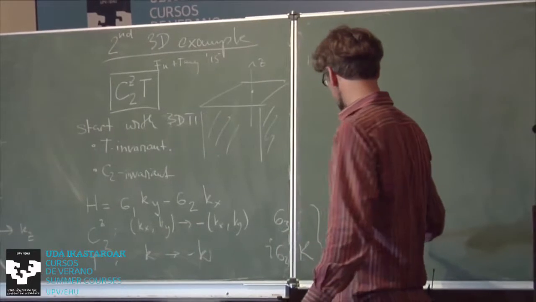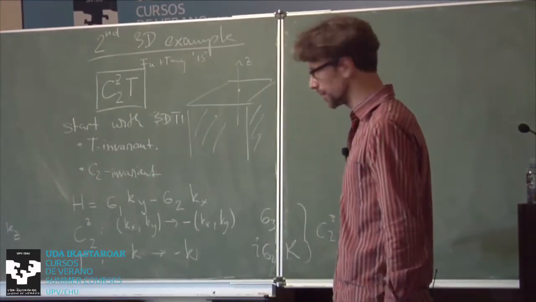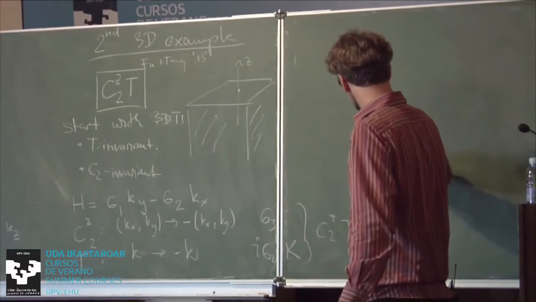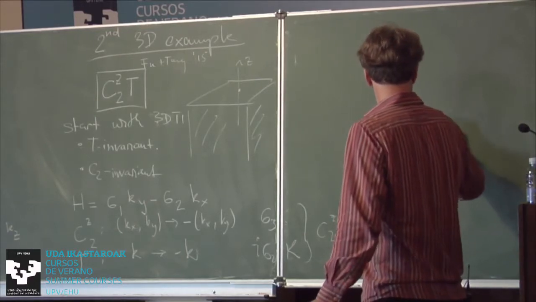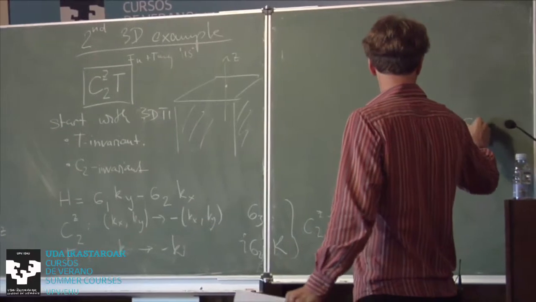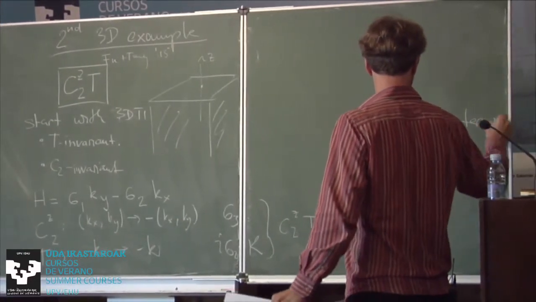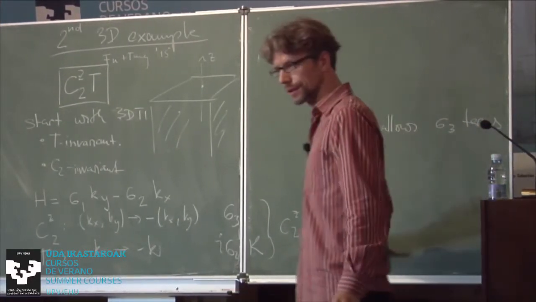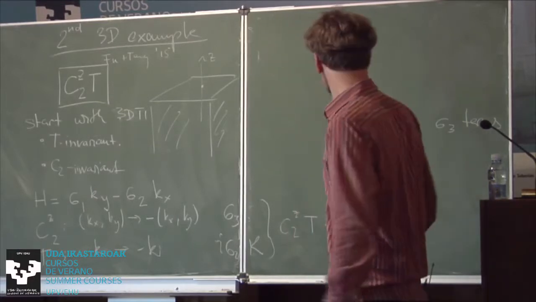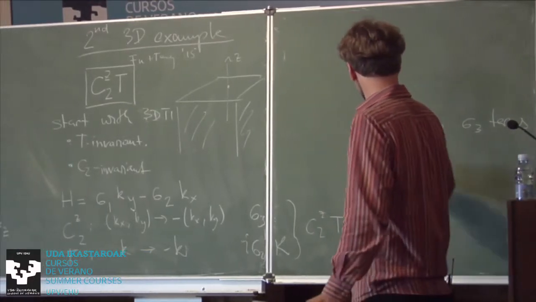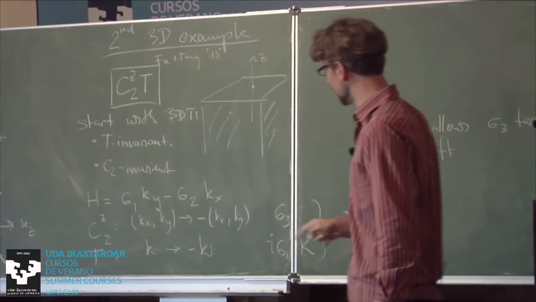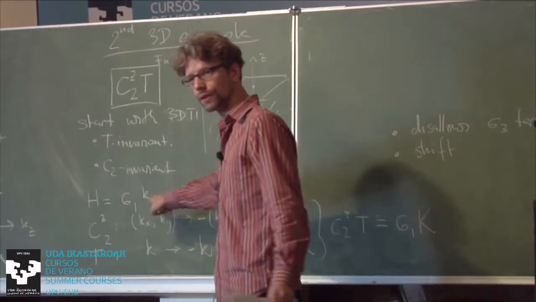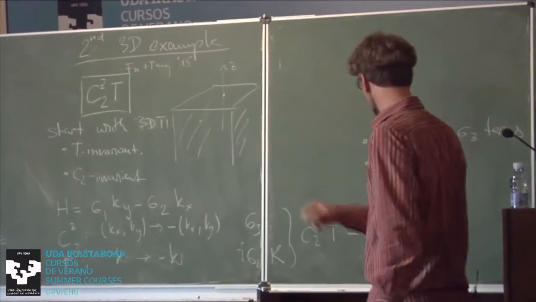And so, if I only care about this symmetry, it does two things. It disallows sigma 3 terms in the Hamiltonian, because this anticommutes with sigma 3. And it's fine to shift the node of this Dirac Hamiltonian in momentum space.